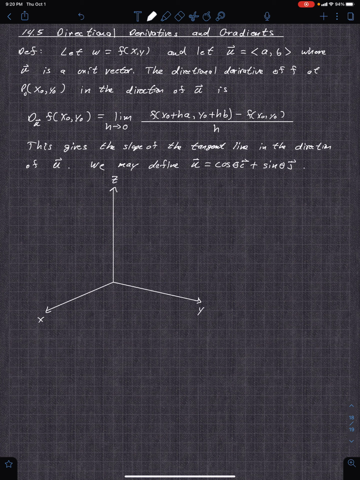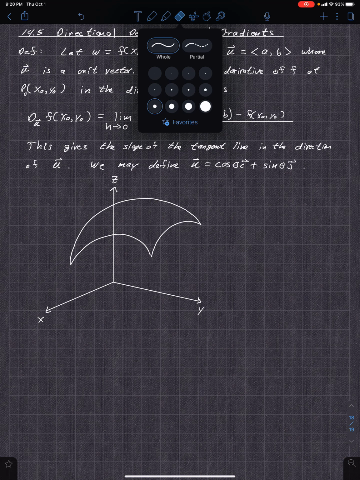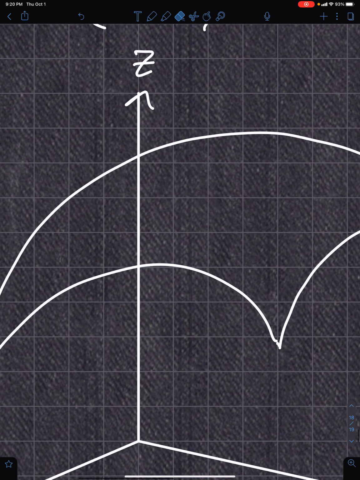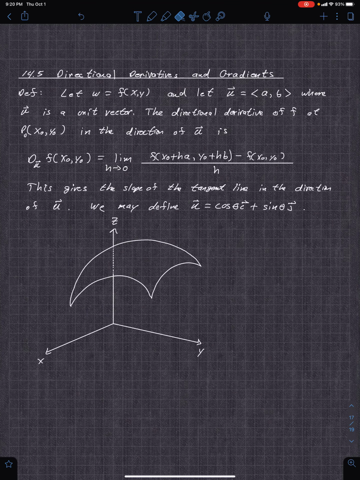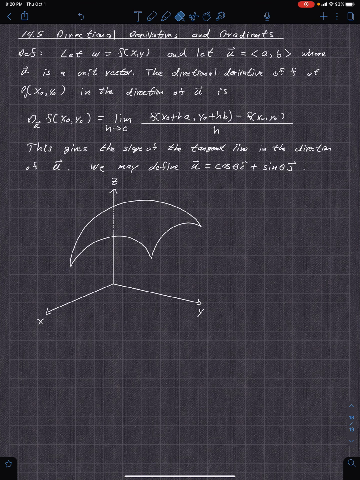So then we have some surface defined by your w. So this is that generic surface that I'll draw. And let's go back through and make this dotted, so it looks like it's in back.